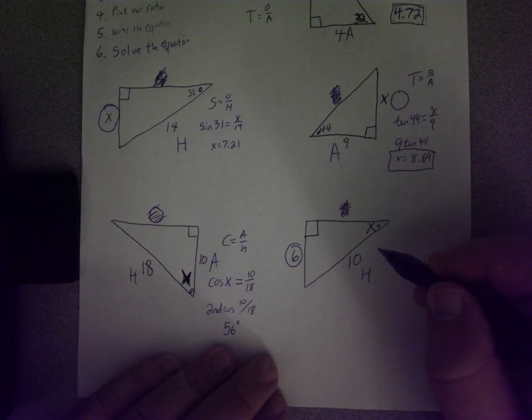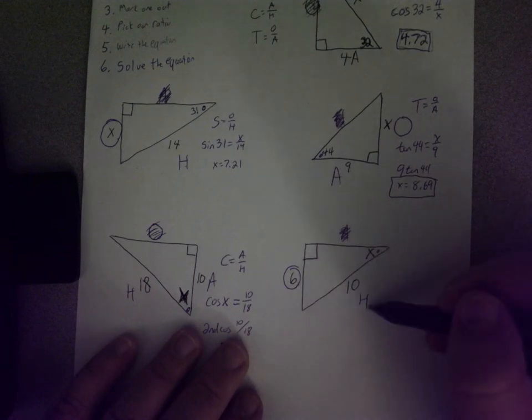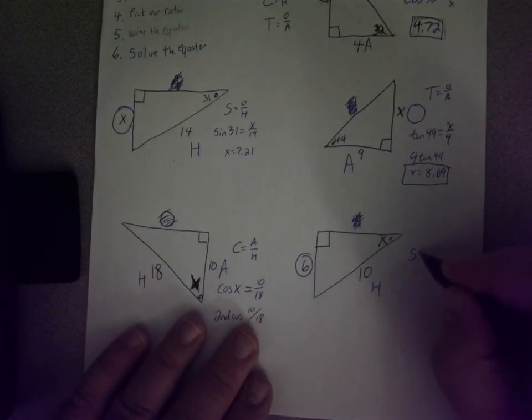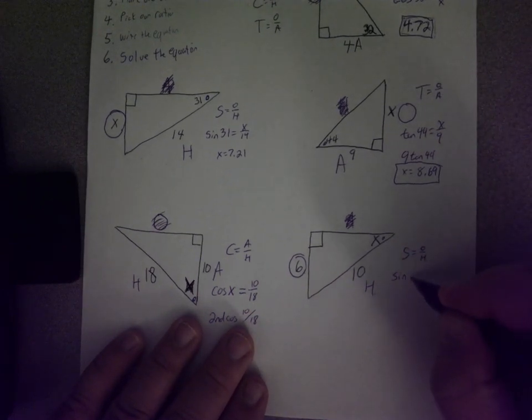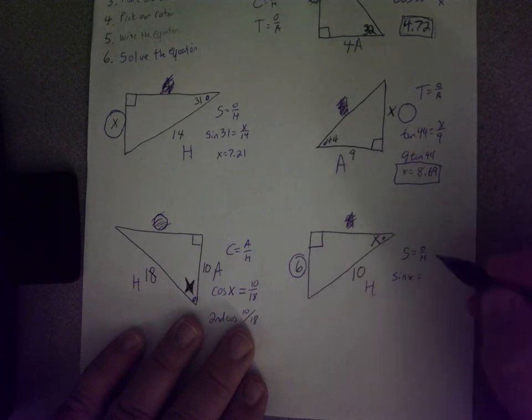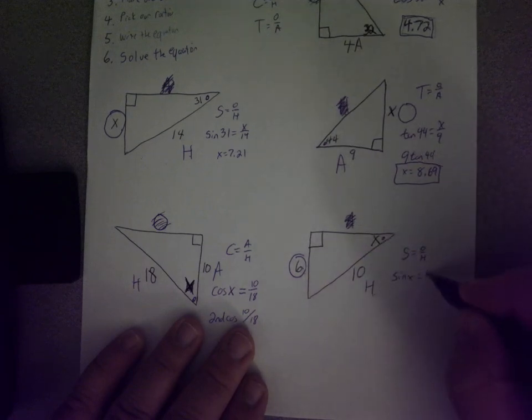We would then figure out which ratio we wanted to use, and the one that uses O and H is sine. So we're going to write sine, SOH, sine of X, remember we're looking for the angle this time, is O over H, so that's 6 over 10.